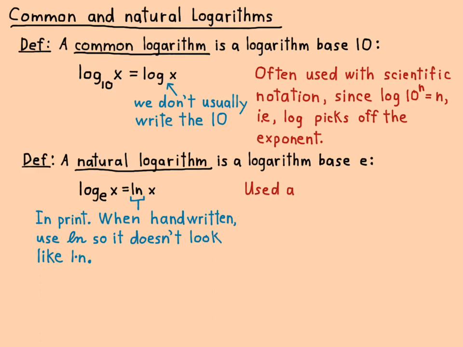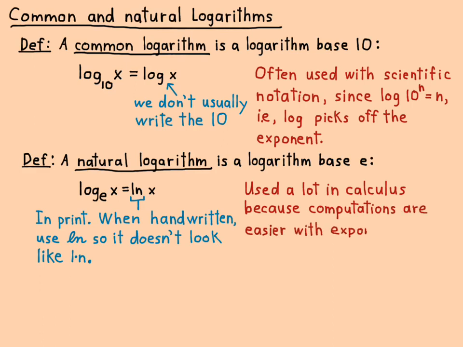So I mentioned that here. I just wrote it out for you. Used a lot in calculus because computations are easier with exponential base e. Seems kind of counterintuitive, but it's true. Exponential and logarithmic functions base e are easier than base 10 in calculus.